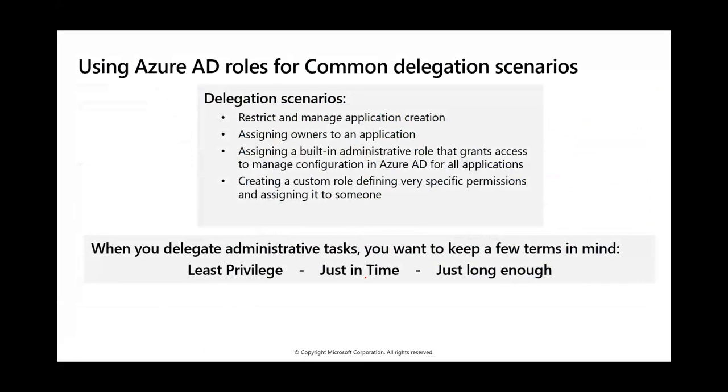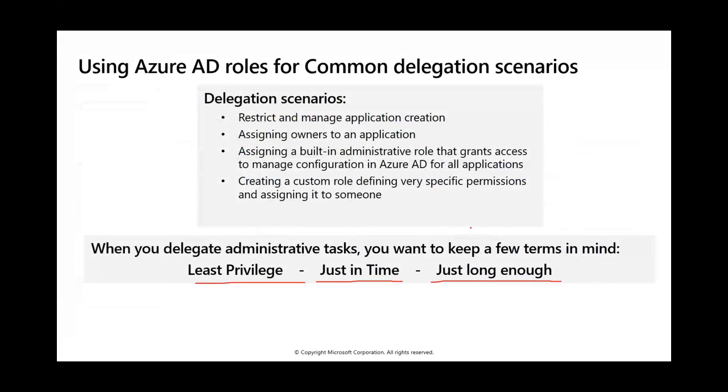So that's actually when you give only special time to your user, so you would have more visibility and more control over your organization. And as you can see here, these are the most important stuff. Least privilege: you give to the users just in time, so they would have access only the time that they need, maybe 1 hour per day, 2 hours, not the whole day, and just long enough.